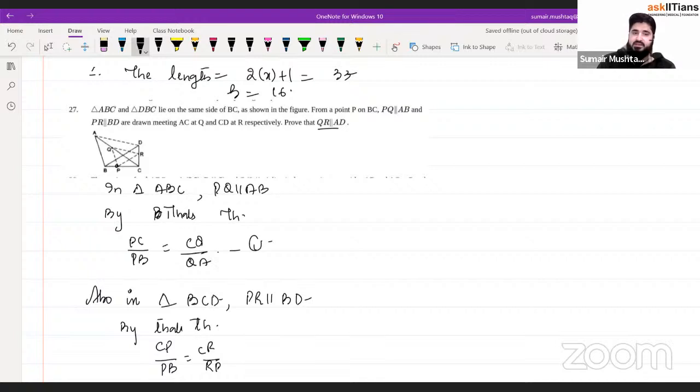Is that thing okay? Now, equate these two. I will say from first and second, if you take these two, CQ over QA is equal to CR over RD. Okay, this is CQ, QA. See, take this triangle.